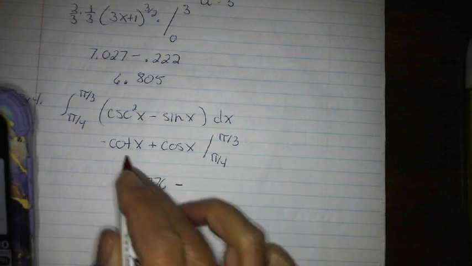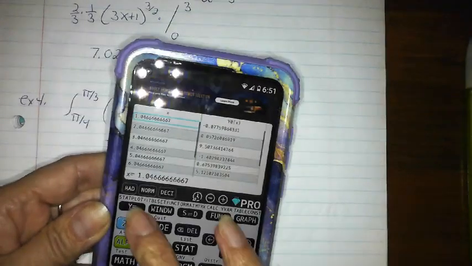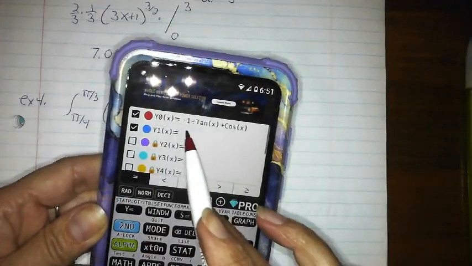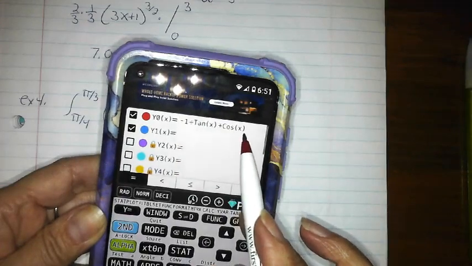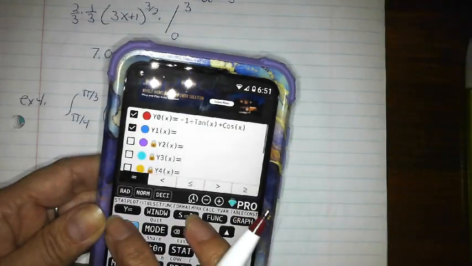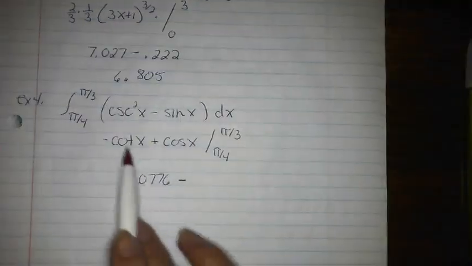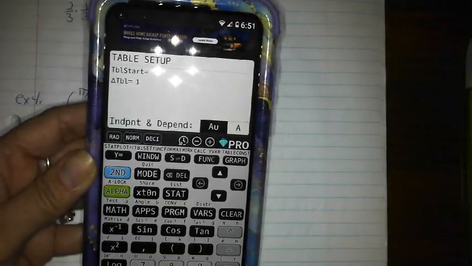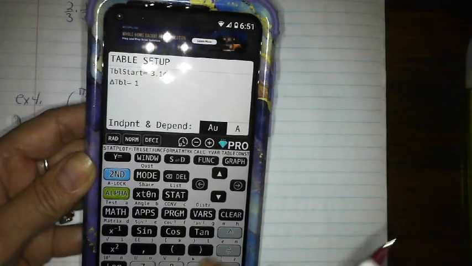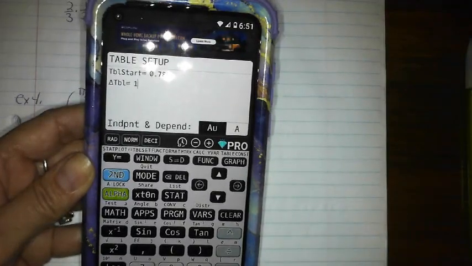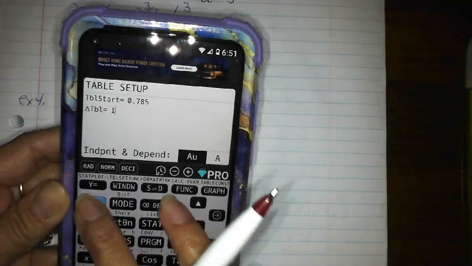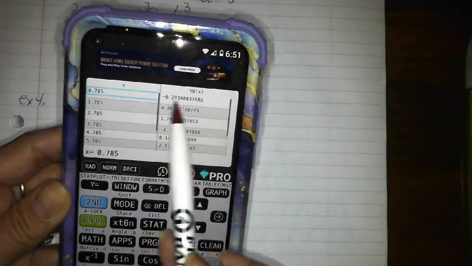Minus, now we go back. I've already got the equation in there. Now we want table start. Table set. We want to start it at pi divided by 4. Enter. Okay. Second table. It's the top one.